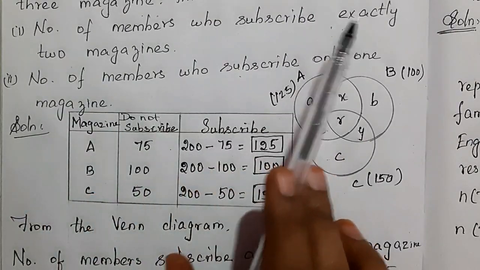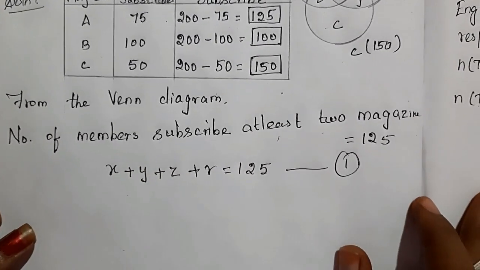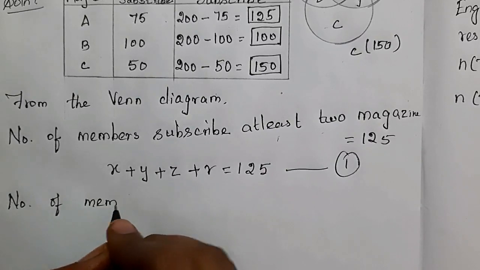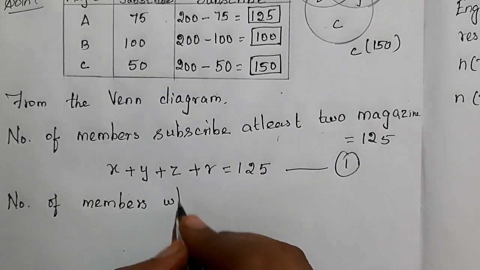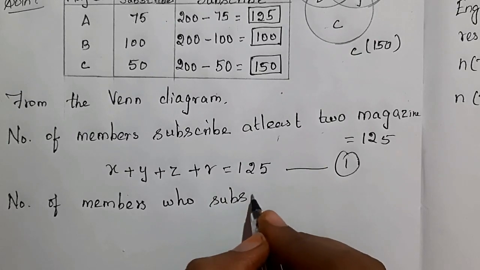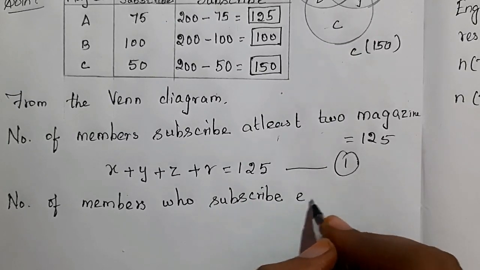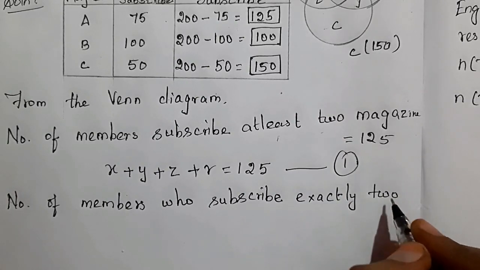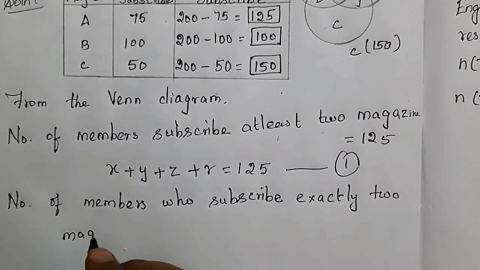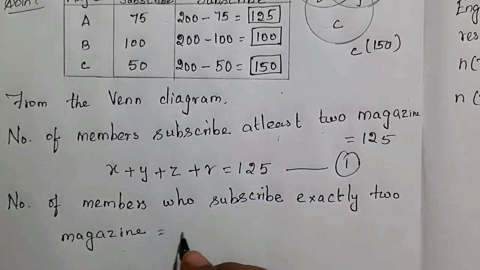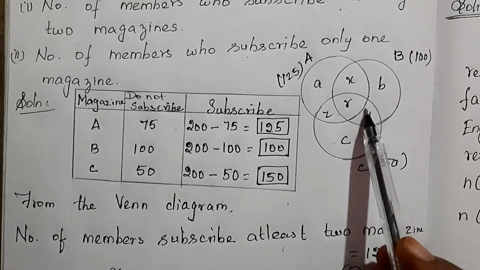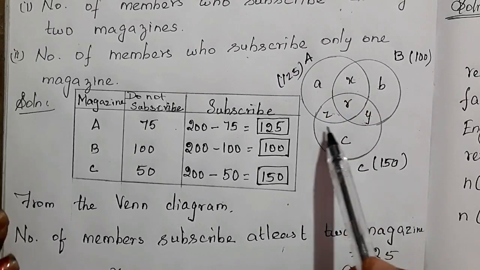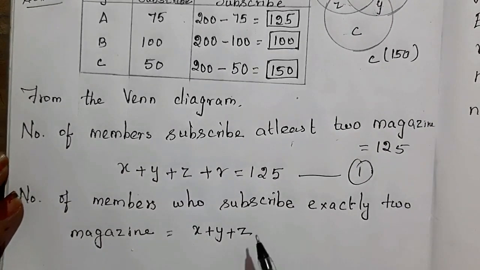Number of members who subscribe exactly two magazines equal to this part X, Y, Z. So we can add X plus Y plus Z, known as exactly two magazines. So I wrote here X plus Y plus Z.